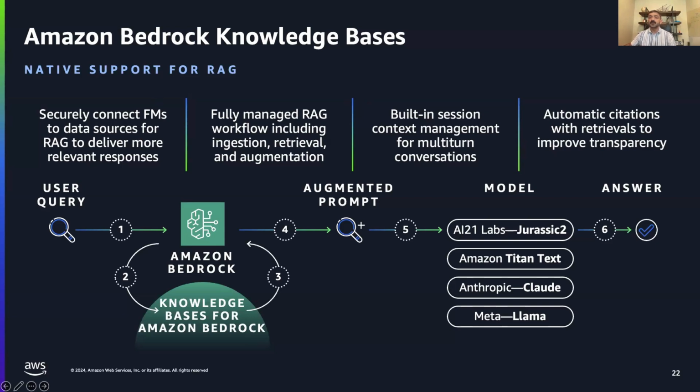So, it pretty much automates the end-to-end RAG workflow, including the ingestion of your data into your vector database, retrieval of that information, the prompt augmentation as to how do I search through that content to get the right inference, and eliminating the need for you to write any custom code to really do all this step one thing at a time.